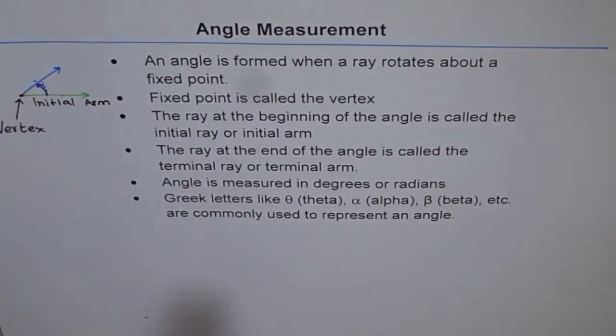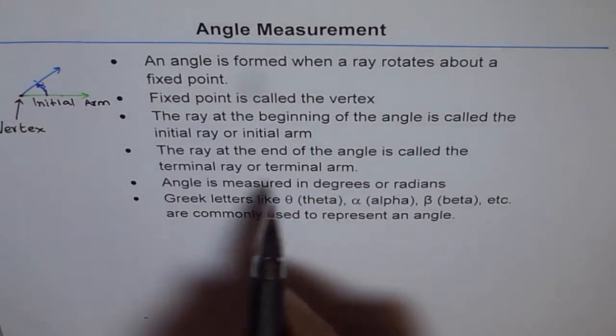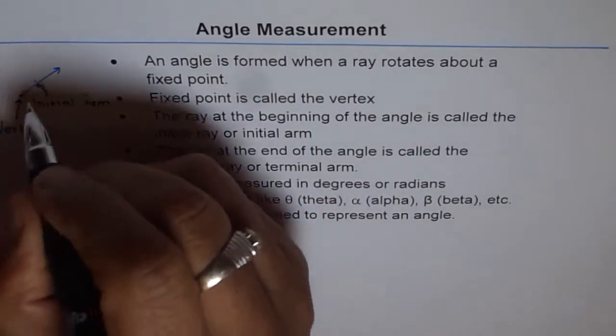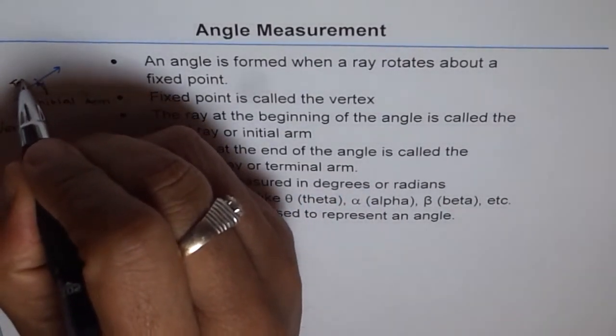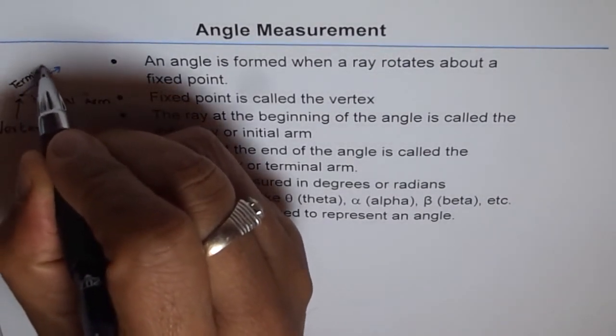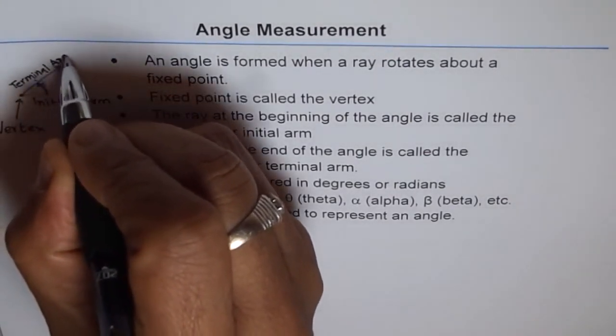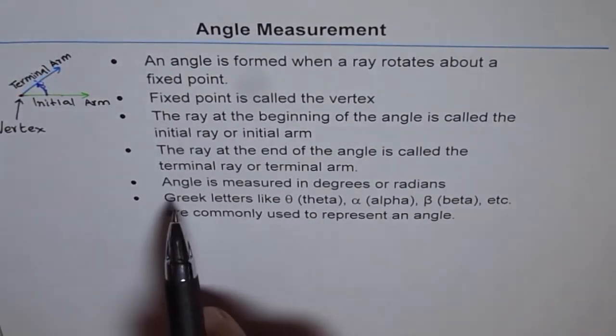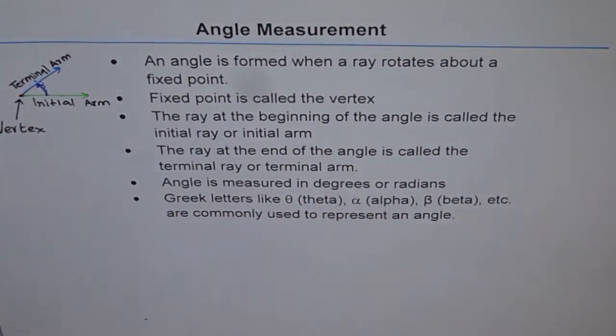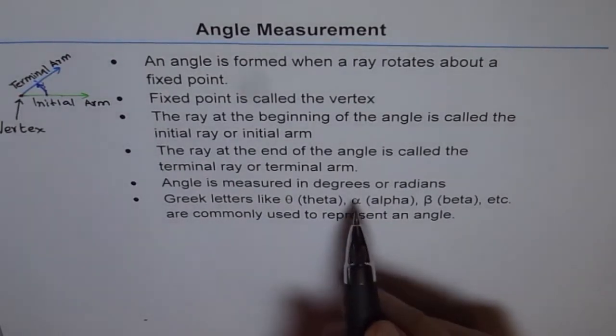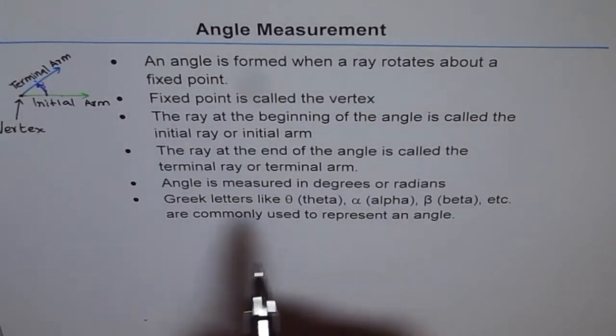The ray at the end of the angle is called the terminal arm. The angle is measured in degrees or radians. So there are two units to measure angles. One is degrees, the other one is radians, okay?